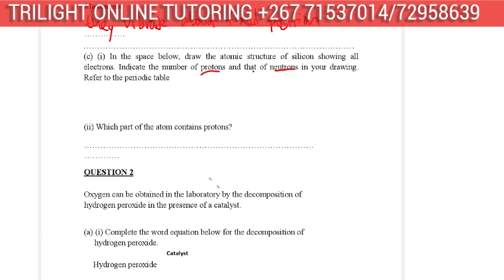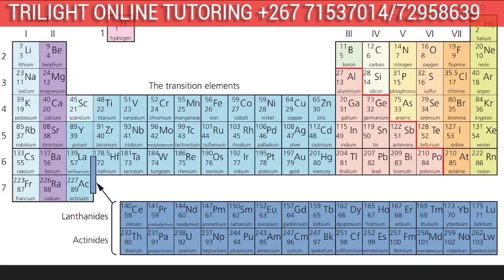Let me show you the periodic table. This is the periodic table, so our silicon is here.